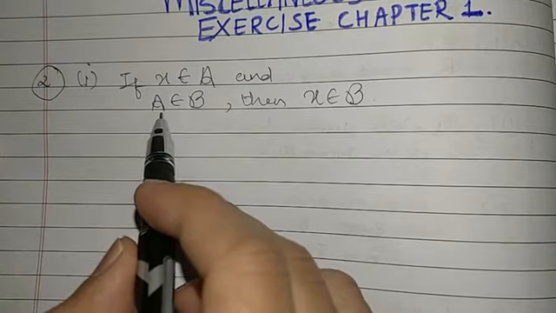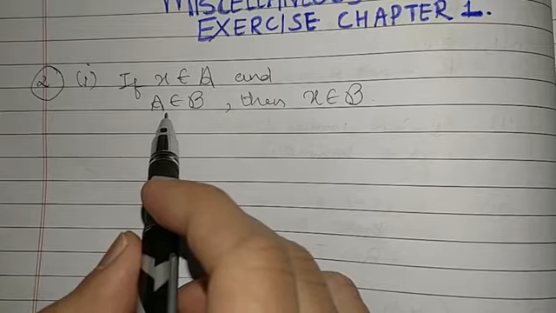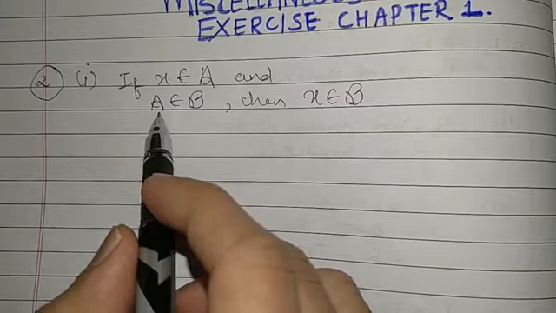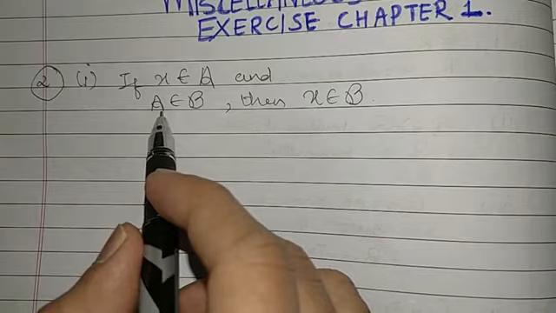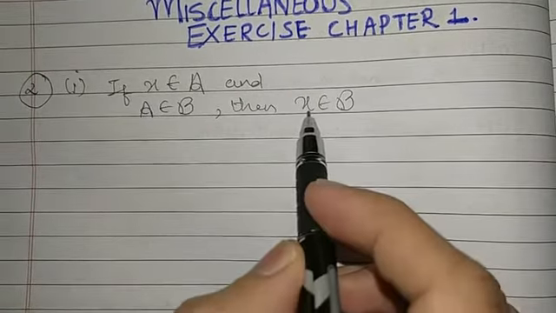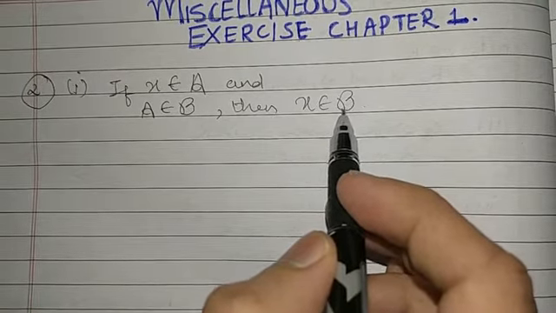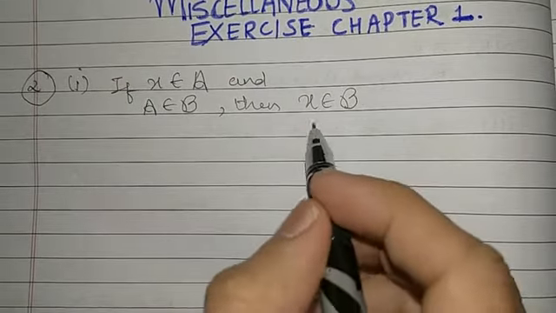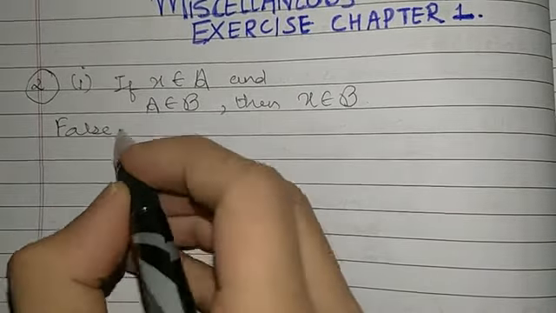Now you can take a set B which contains the set A, that is {1, 2, 3}. So this set B is the set of the set {1, 2, 3}. Then you can see that the element which you have taken, that is 1, will not belong to B. B is the set of the set {1, 2, 3}. So like that we can prove that this statement is false.